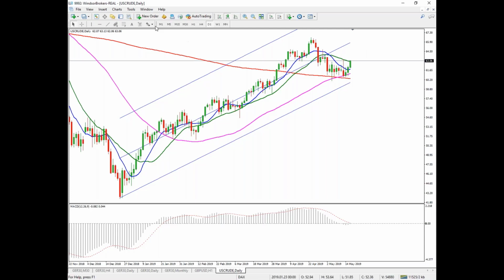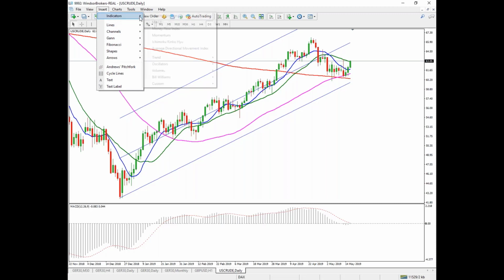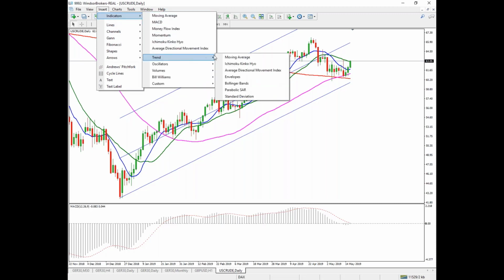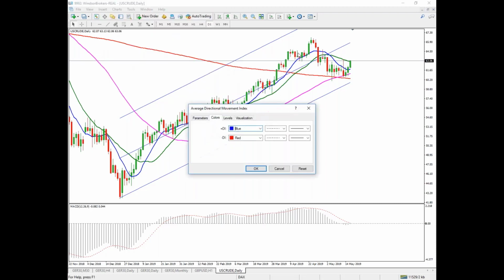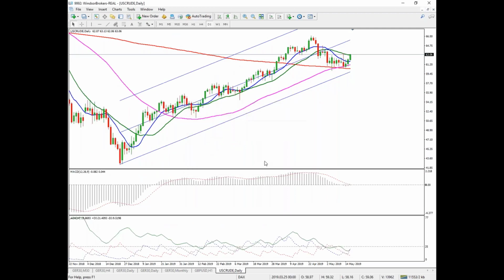price even higher. And let's finally take a look at ADX to see how it shows the strength of the uptrend. We can see here that the blue line is still below the so-called midline, which is our reference line, but is moving higher.